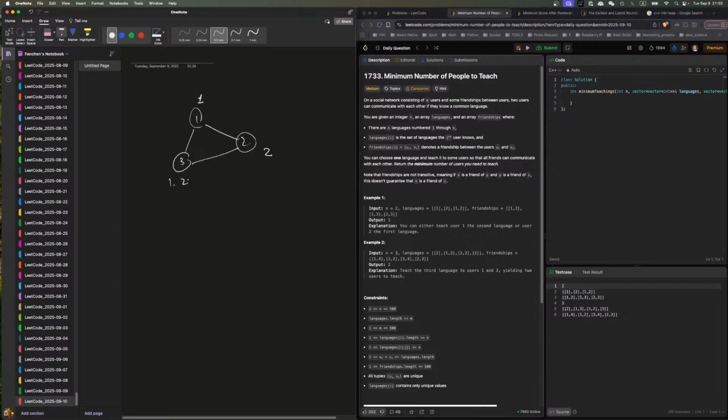So what we want to do is to choose one language and teach it to some users so that all friends can communicate. So communicate means we need the 2 nodes to share at least one language. So if they share, that means they already talk to each other.